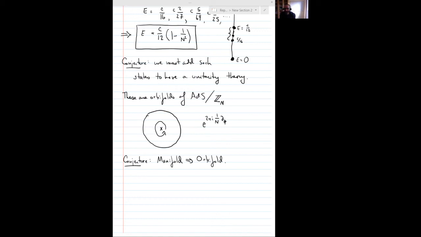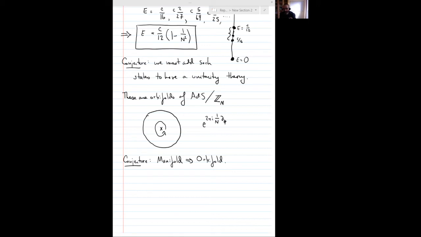Adding an infinite number of states whose energy is bounded above seems like a problem. For example, the partition function would diverge. The partition function is the sum over all of the states weighted by e to the minus beta E, where beta is the inverse temperature. So if you add an infinite number of states with a finite energy, that's going to diverge.